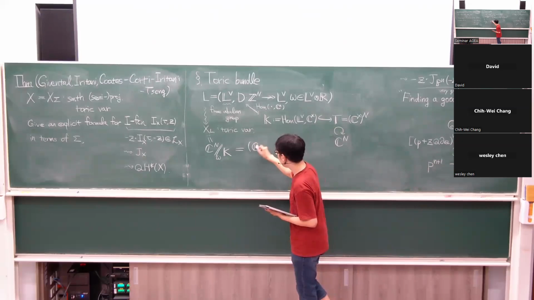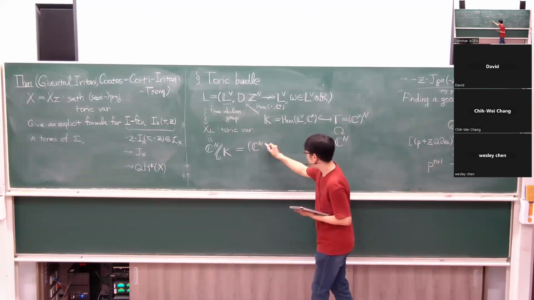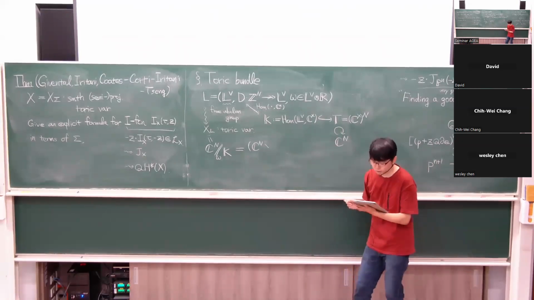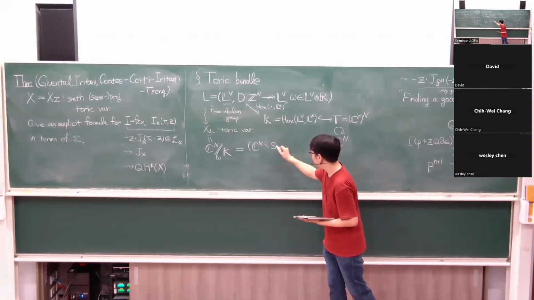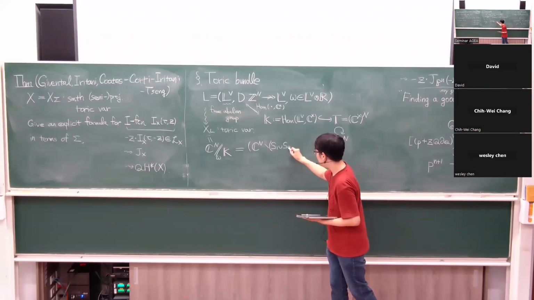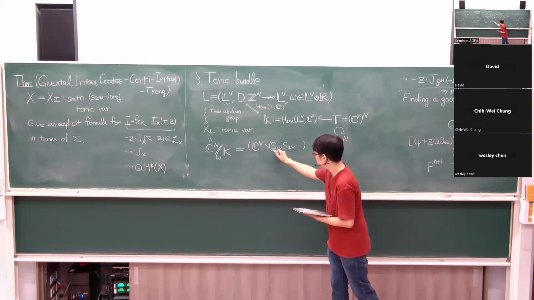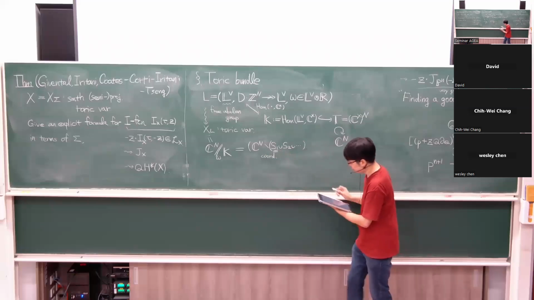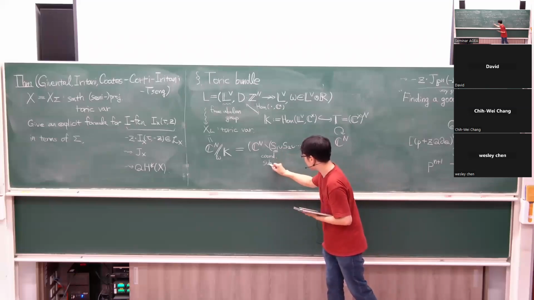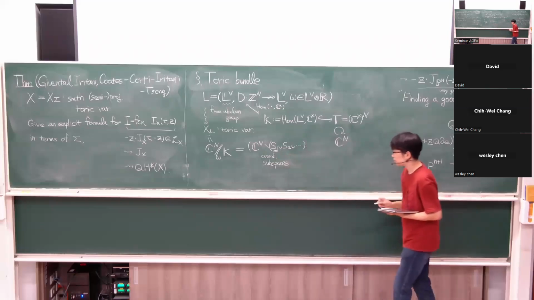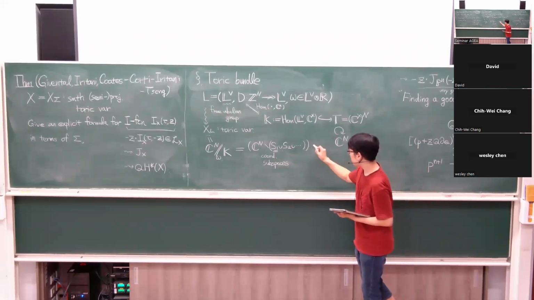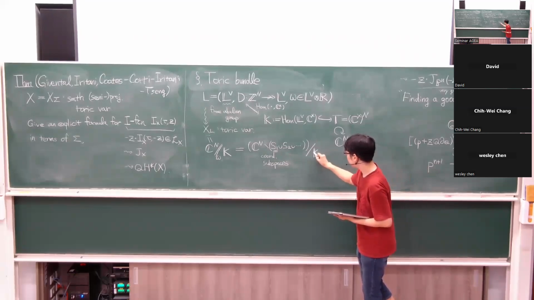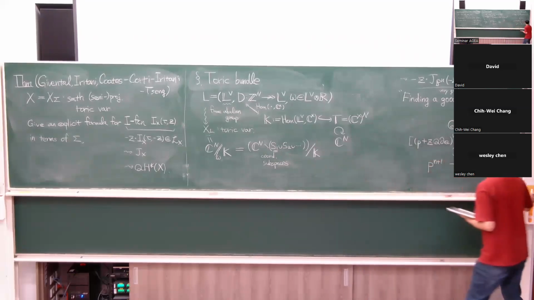By definition, it is constructed as follows: first, we remove some coordinate subspaces, and then we take the usual quotient.